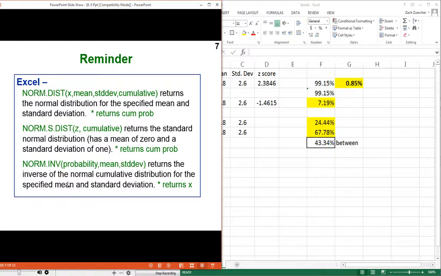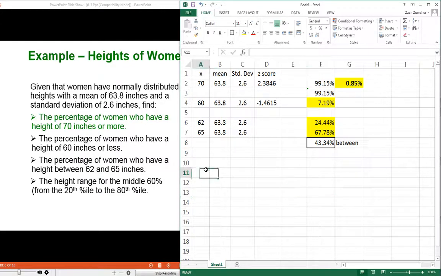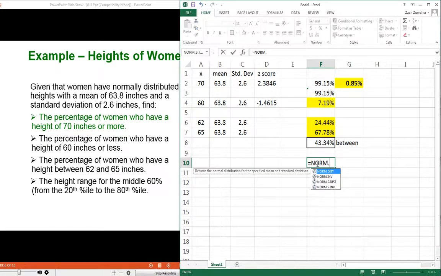So norm.inverse is our function. So here we go. We'll just jump over here and say, all right, equals, oops, I need to put equals, don't I? Equals norm.inverse. And this is Excel, it's really nice.